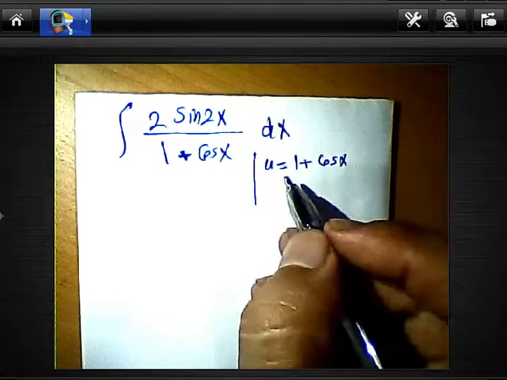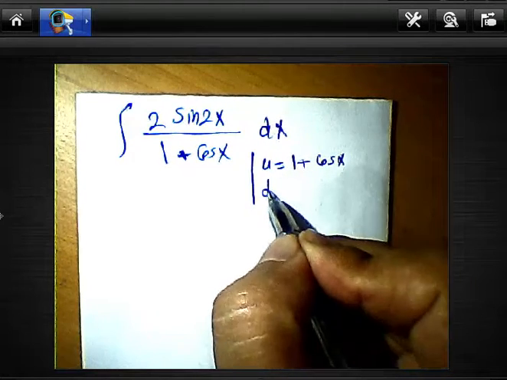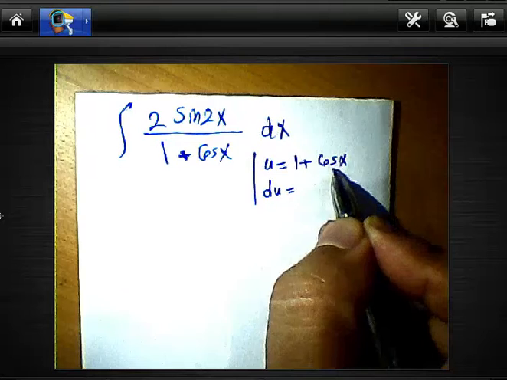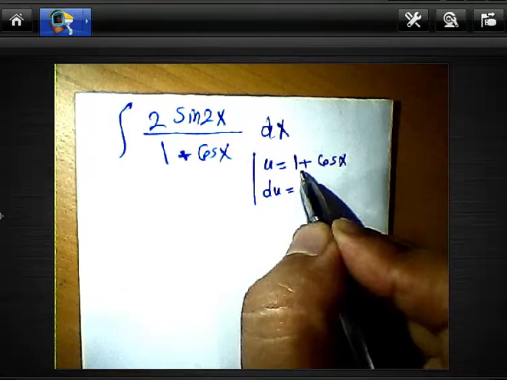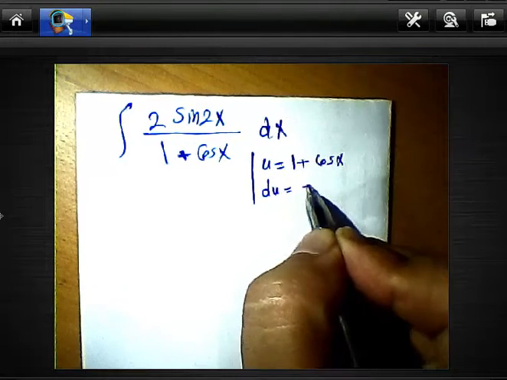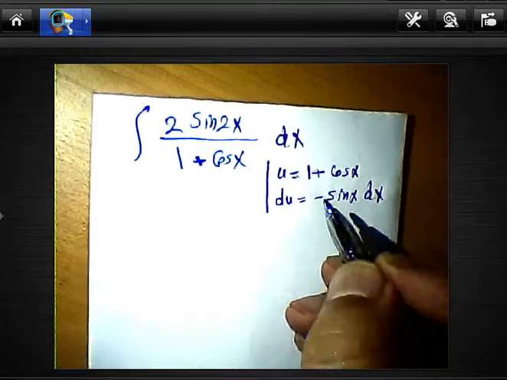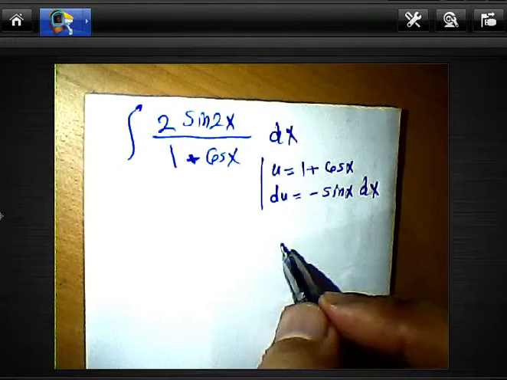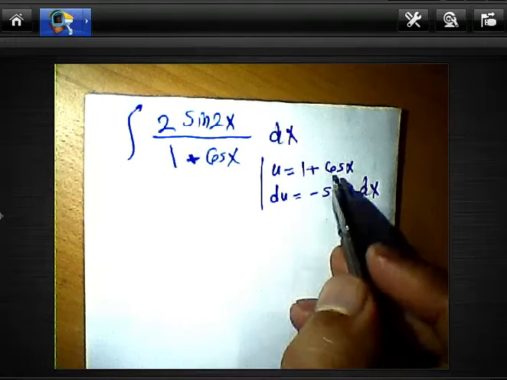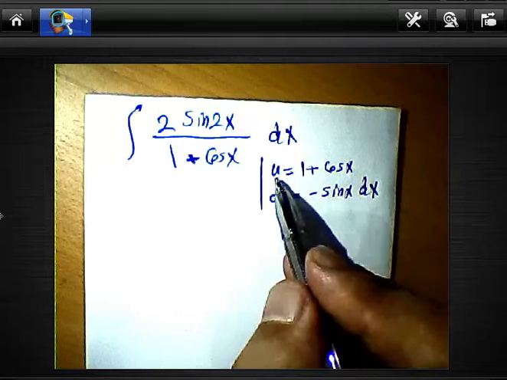Okay, and you can find du equal derivative of 1 equals 0, cosine x will be negative sine x dx. It's okay, and cosine x we can write as u - 1.